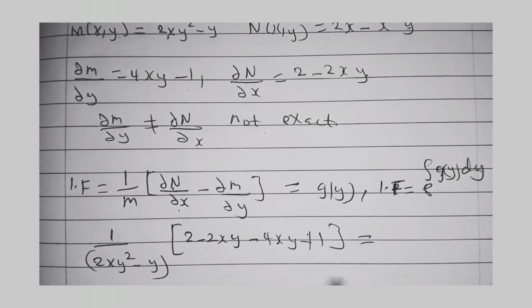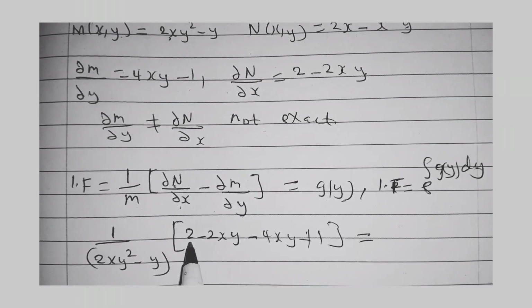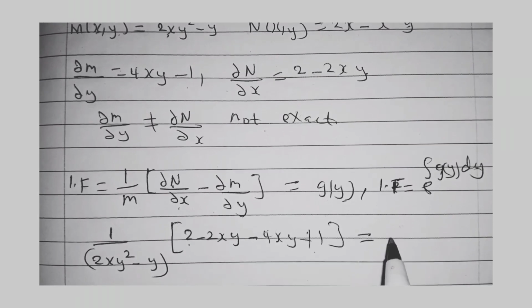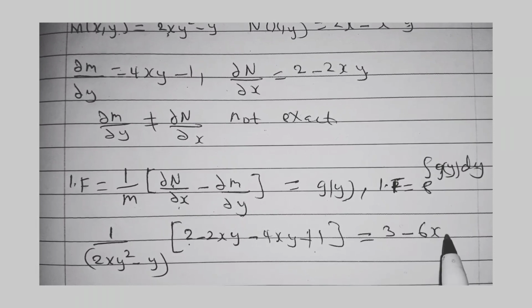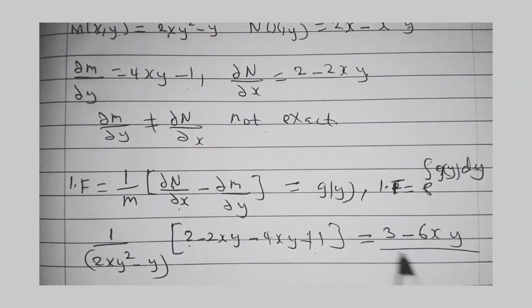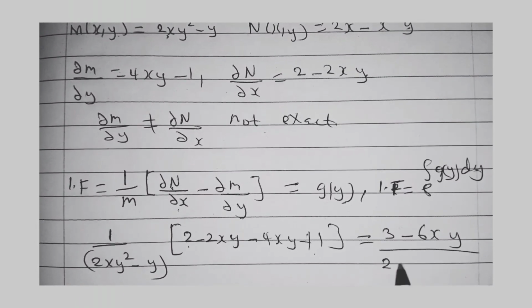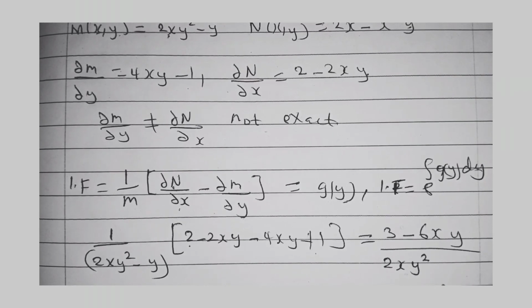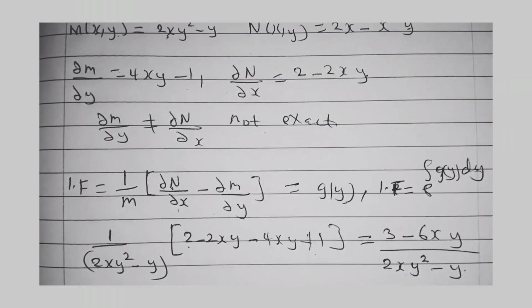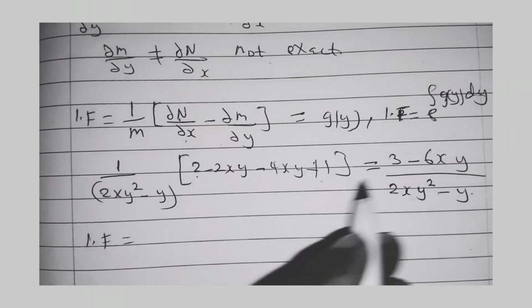This is equal to 2 plus 1 will give you 3 − 6xy divided by 2xy² − y. So on the denominator, we take out y.